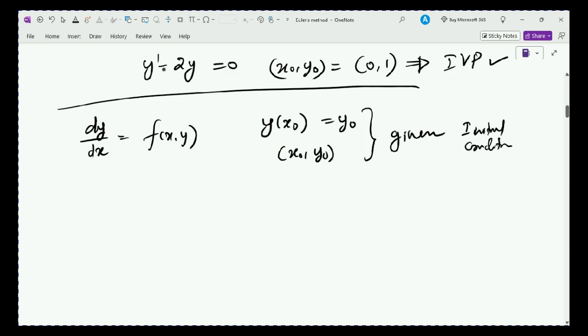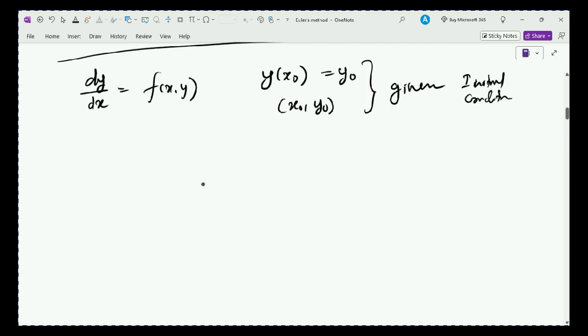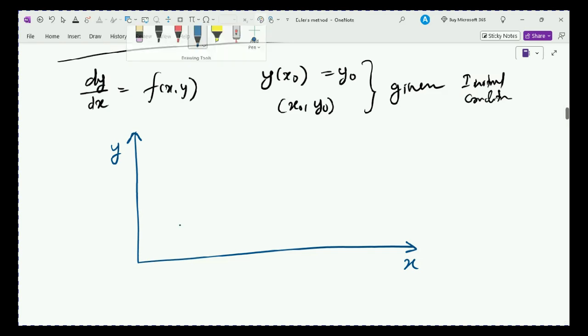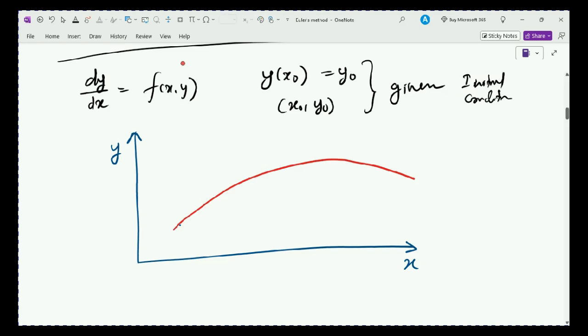All right, so now let's assume that this is the solution. If you solve this equation, it will give you the y values for all the x values. Once you have y values for all the x values, we can basically plot it. So let's say the solution is this. We have plotted the solution and it looks like this, for example.